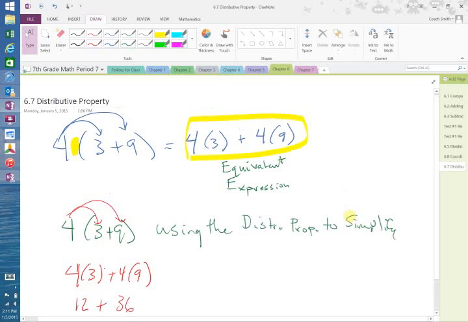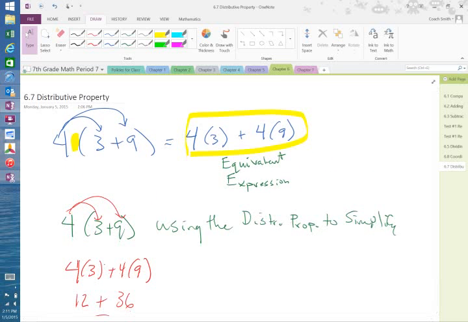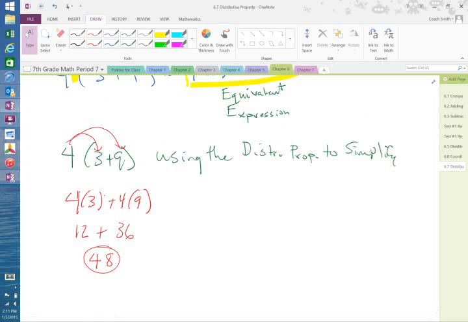This up here was using the distributive property to express an equivalent expression. There is a difference. So you need to make sure that you read the directions carefully and do what the directions tell you to do.